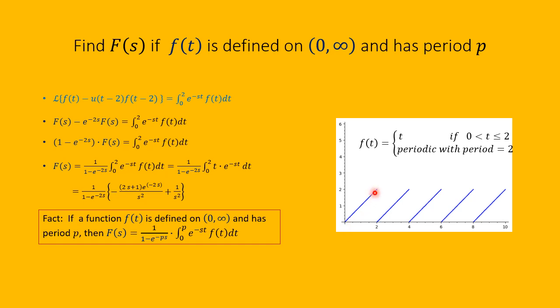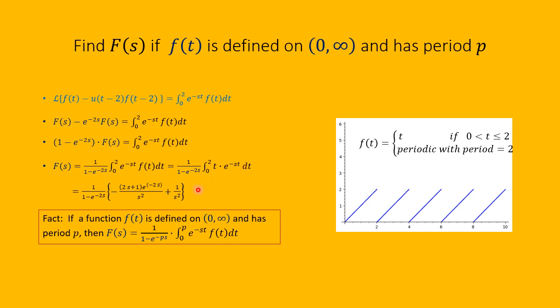Now, between 0 and 2, f of t is just t. So this is 1 over 1 minus e to the minus 2s times the integral from 0 to 2 of t times e to the minus st dt. Just use the fact that between 0 and 2, f of t was equal to t. Now, if we look at this integral, as I mentioned earlier, we can evaluate this using integration by parts.